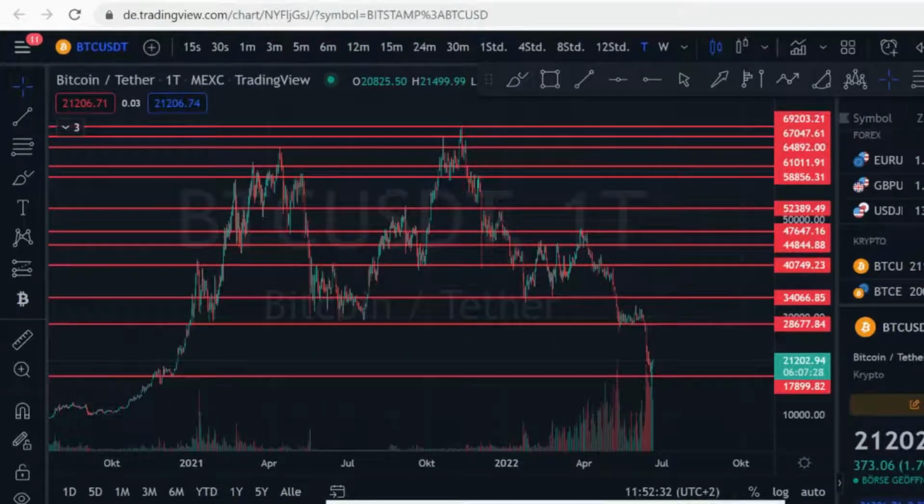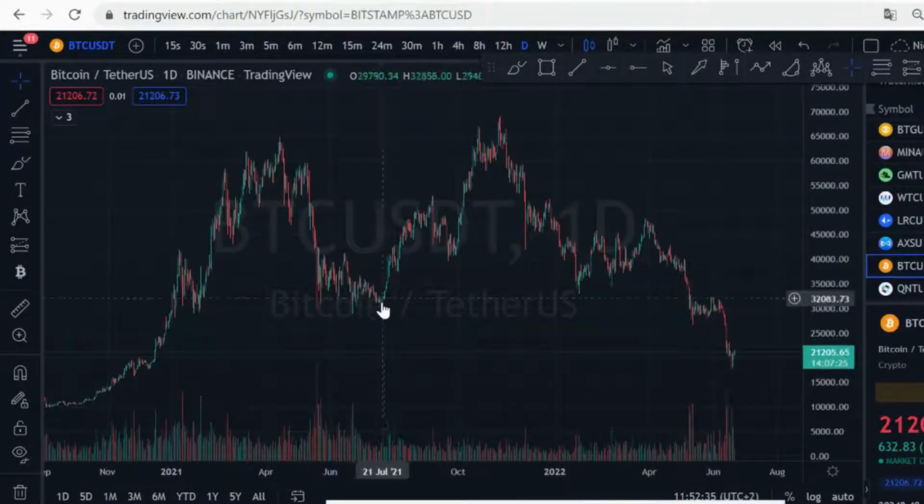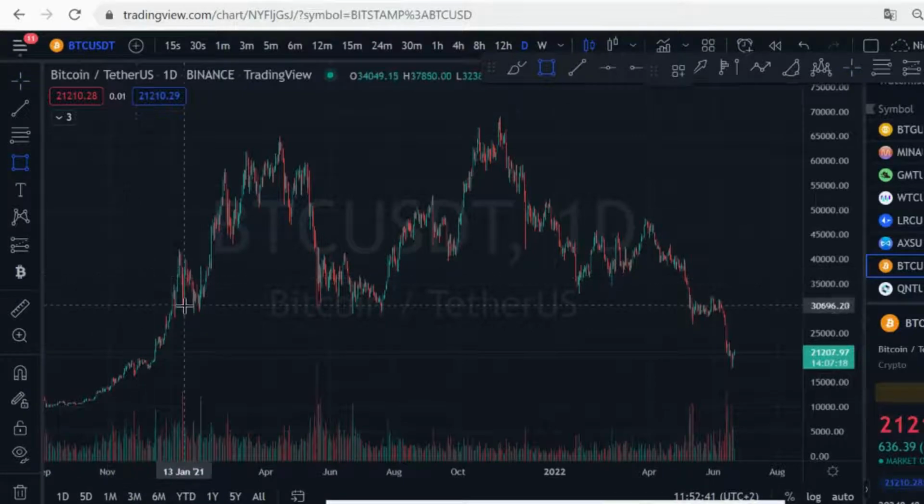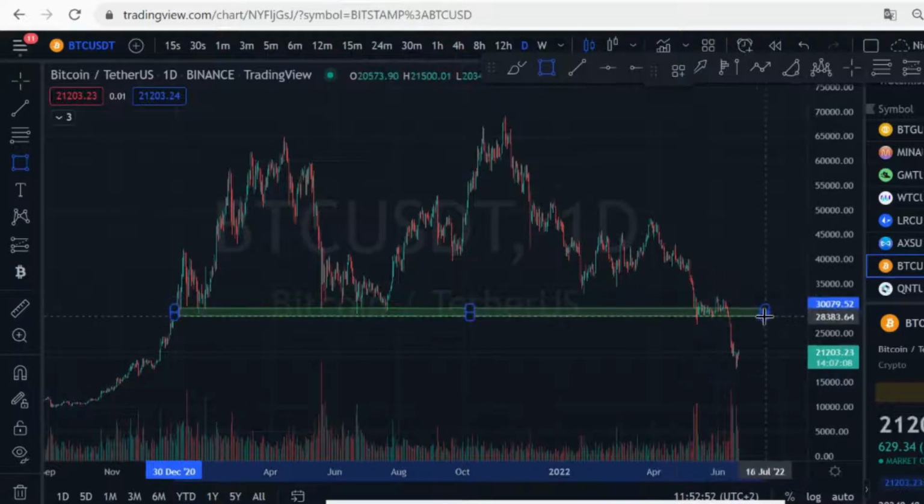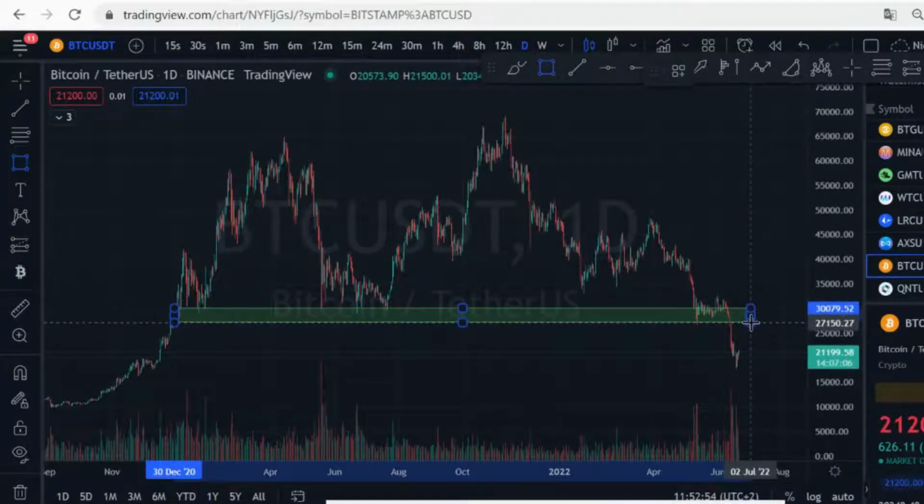Not like this. We draw right now some key levels. I prefer to draw rectangles or key areas. So the first thing that definitely comes into my eyes is this area here.